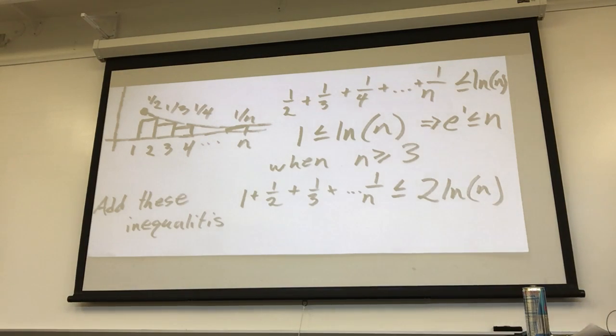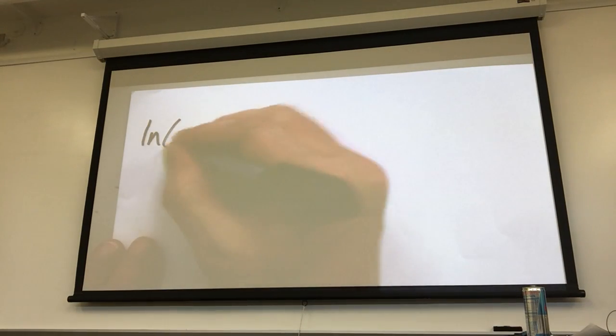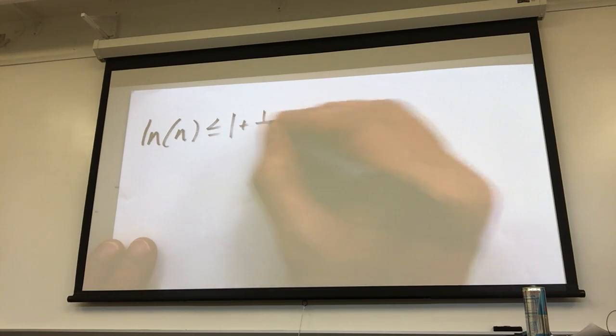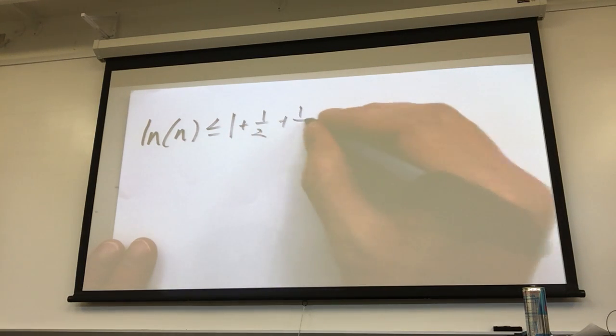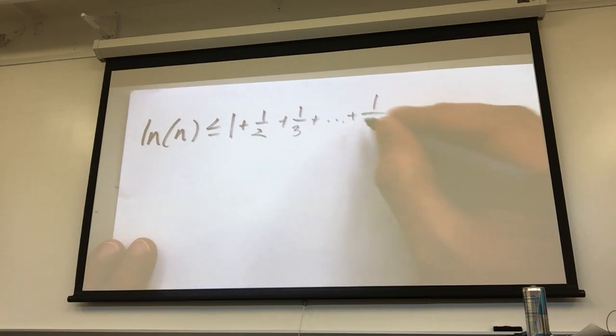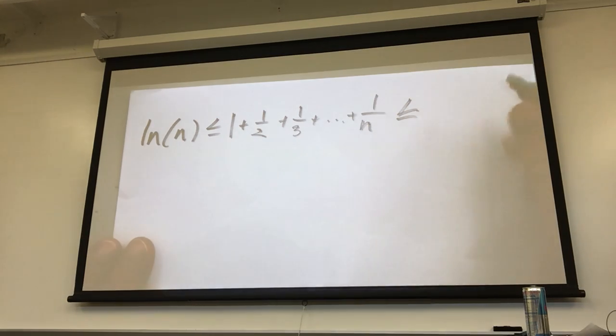So the combination of these inequalities is that the natural log of n is going to be less than or equal to 1 plus 1/2 plus 1/3 plus all the way off to 1 divided by n, which is going to be less than or equal to 2 times the natural log of n.